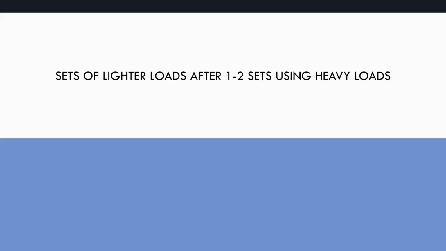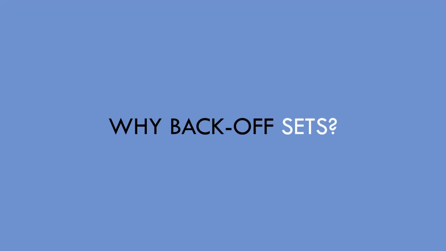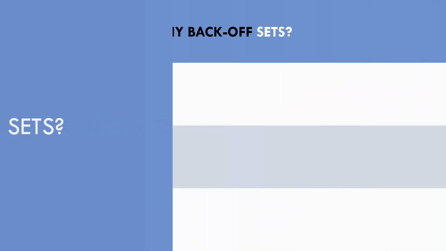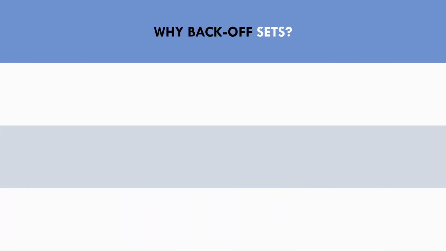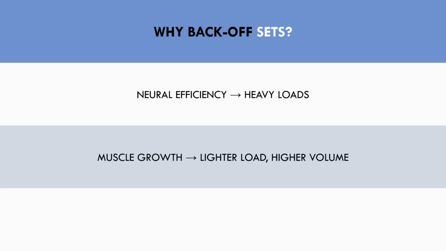So why would a trainee perform back offsets in their training at all? To understand this, we need to refer back to the components of strength. To maximize neural efficiency, we want to lift heavy loads, and to maximize muscle growth, we need to use higher rep ranges with higher volumes.